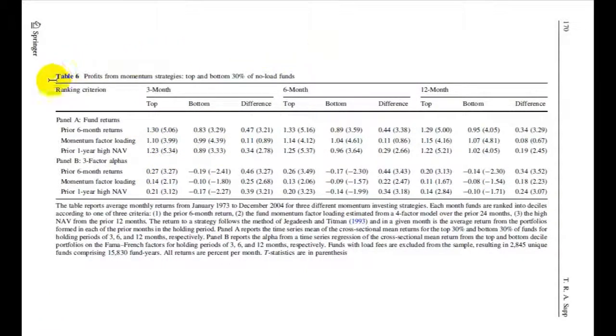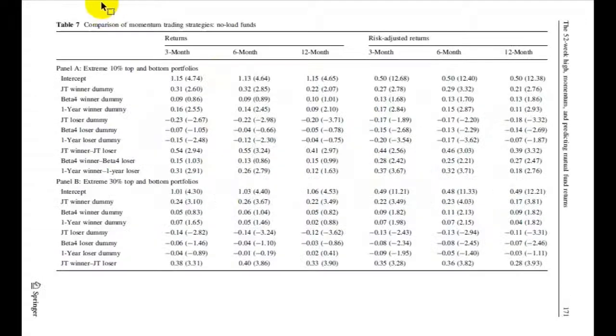And here we have Table 6 with the no-load funds only, with 30% of the top and bottom. And these returns are also significant and positive, and pretty much in line with the same table that we saw earlier in the paper for all of the funds. And then here at Table 7, we have the Fama-MacBeth regression results.